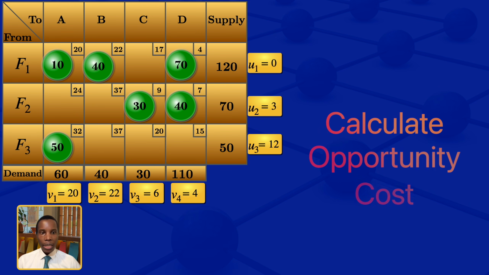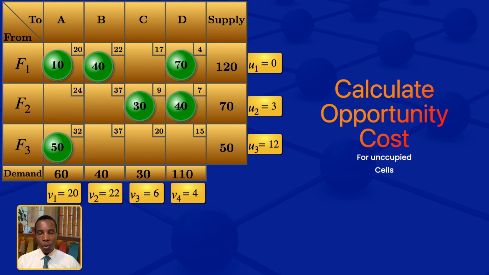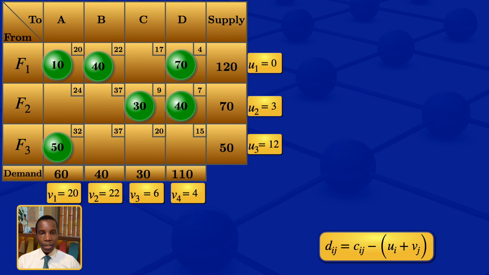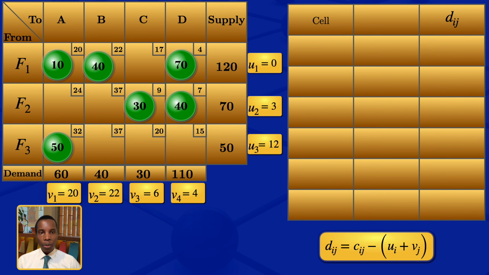Then we go on and calculate the opportunity cost for each unoccupied cell. And the formula that we use is Dij is equal to Cij minus (Ui plus Vj). So I'll go on and draw a table where we have the cell and the Dij. So the unoccupied cell that we'll first look at is this one here.